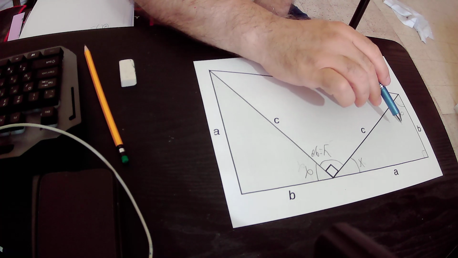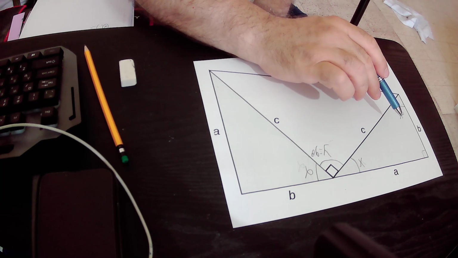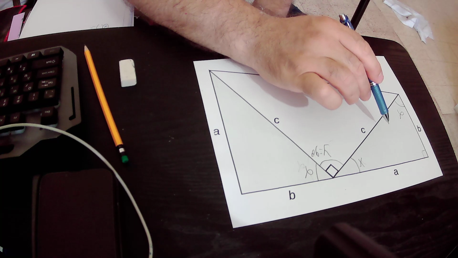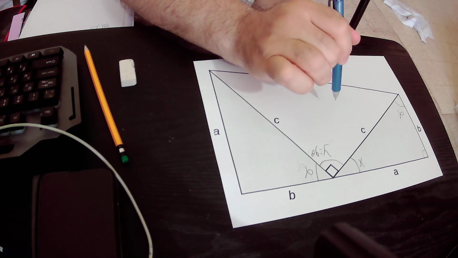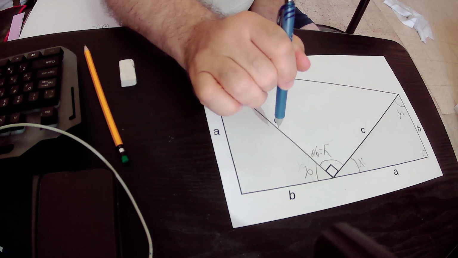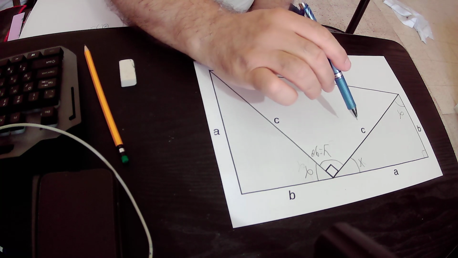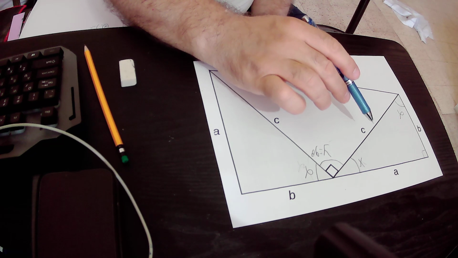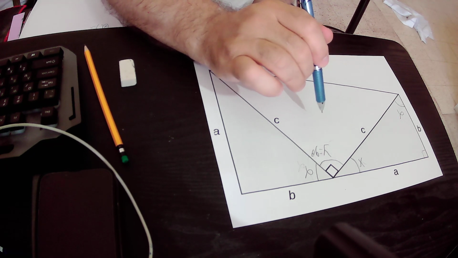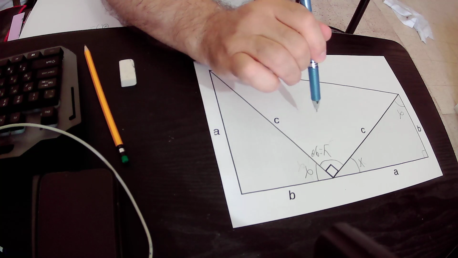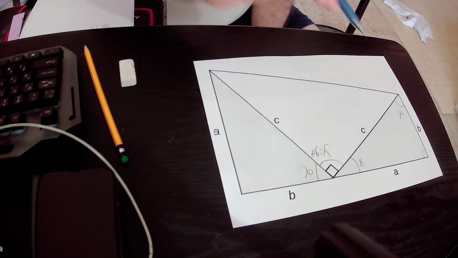This trapeze contains three triangles: the right triangle, the middle triangle, and the left triangle, and the sum of the areas of those three triangles will be the area of the trapeze.